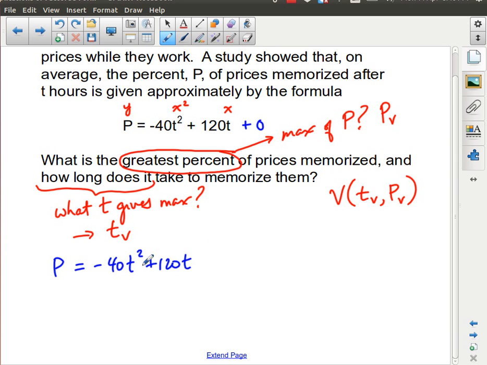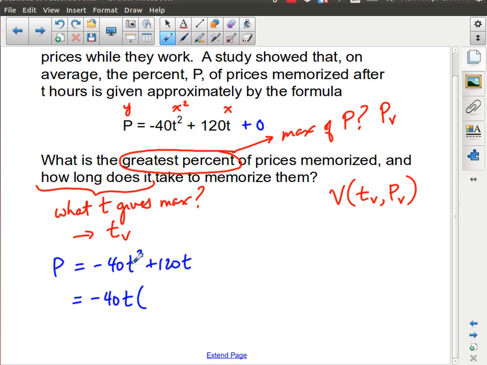We want factored form, and as I've tried to stress, the first step in any factoring is common factors. So here I've got a negative 40, here I've got 120. So negative 40 is common. Usually you keep the sign of the t squared. You want to take that out. And I've got a t squared and a t, so I'm going to take out a t.